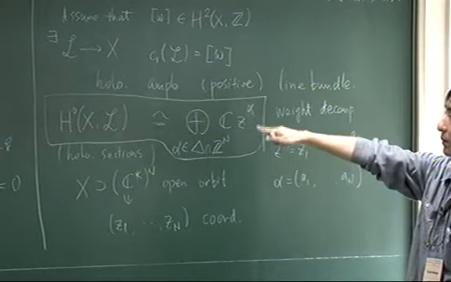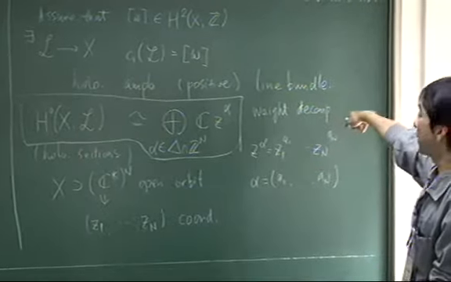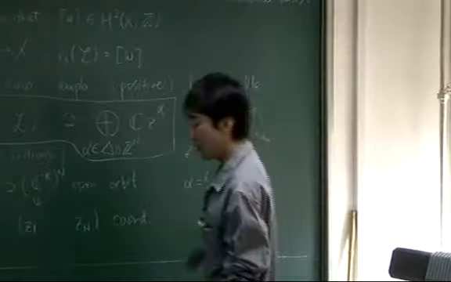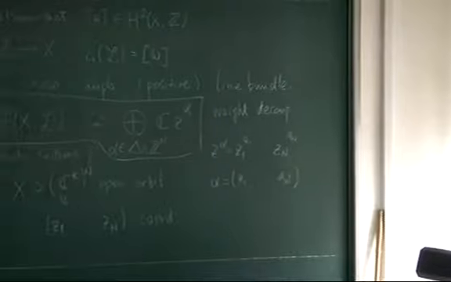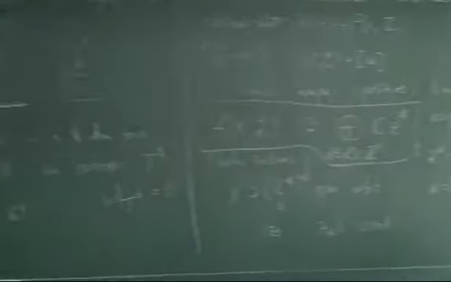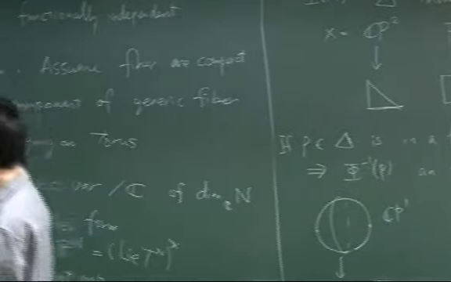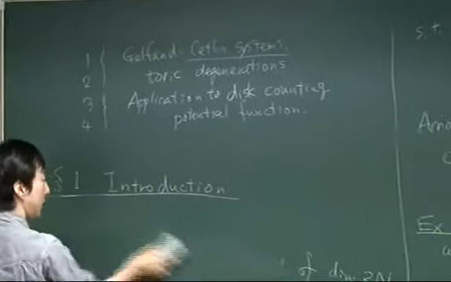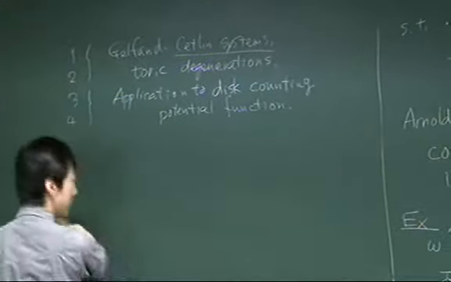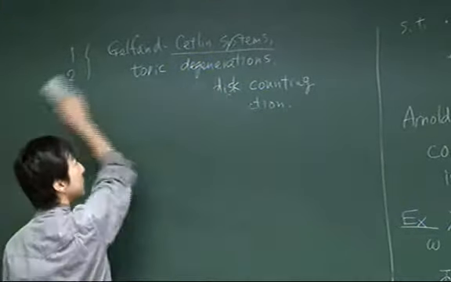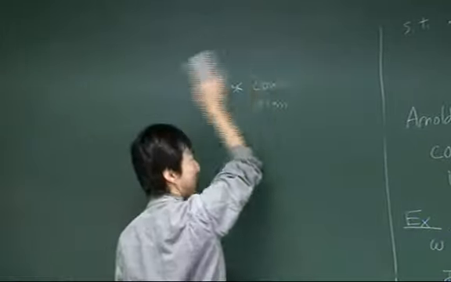The first one is the moment map, and the other is the monomial basis. And for flag varieties, there are also very similar relations.